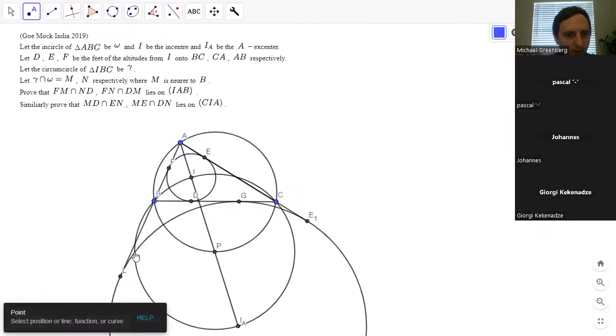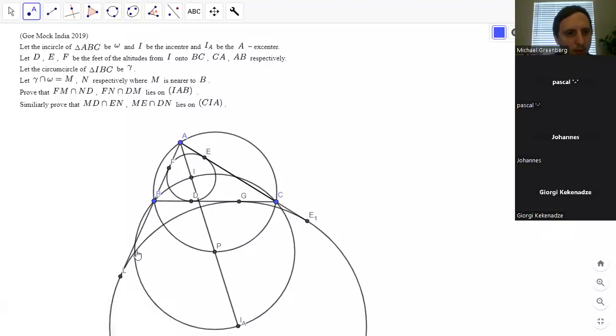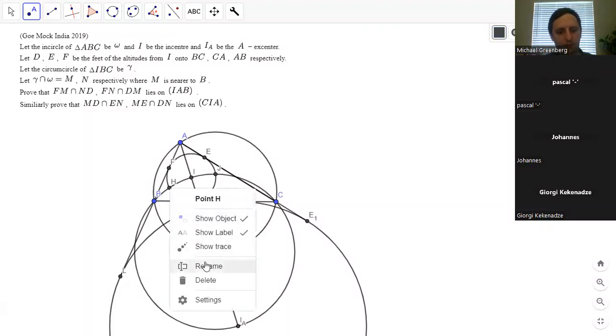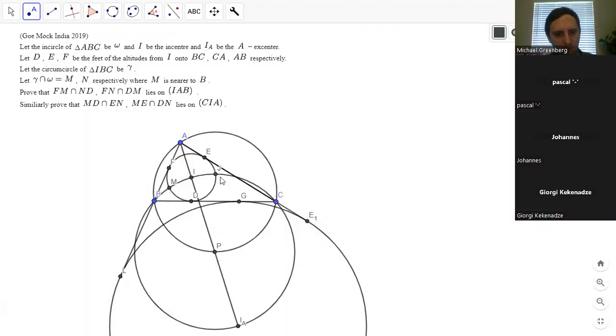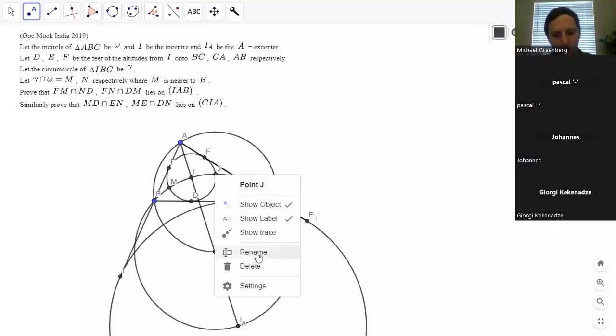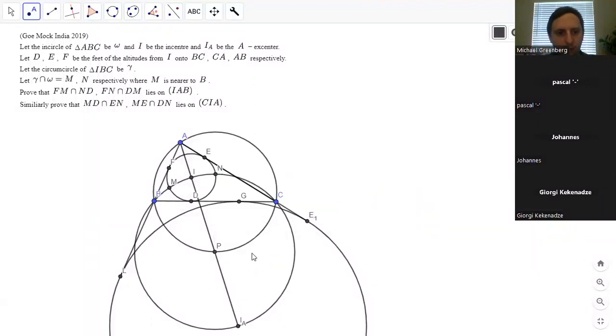So we have M and N are where this circle meets the incircle. So either normal inversion or root BC inversion looks like a good choice for this problem.